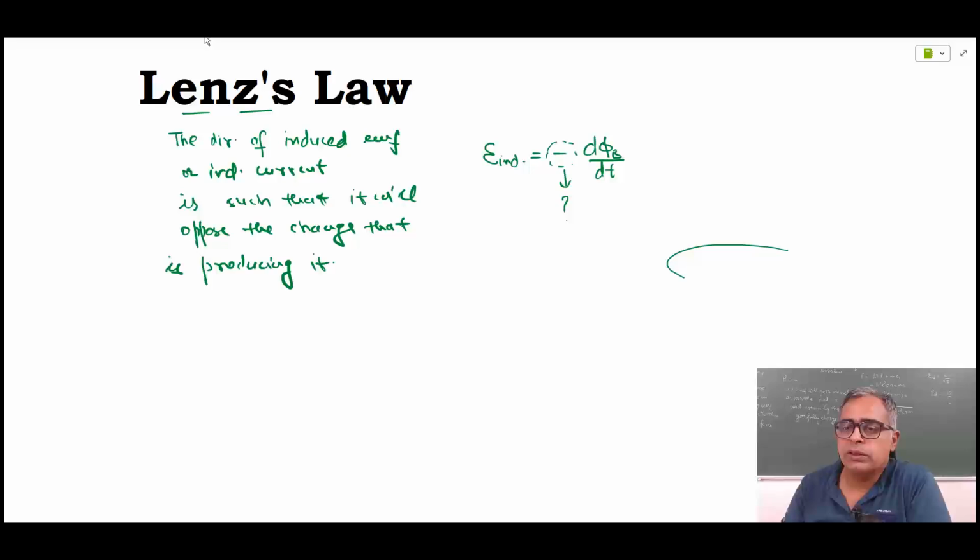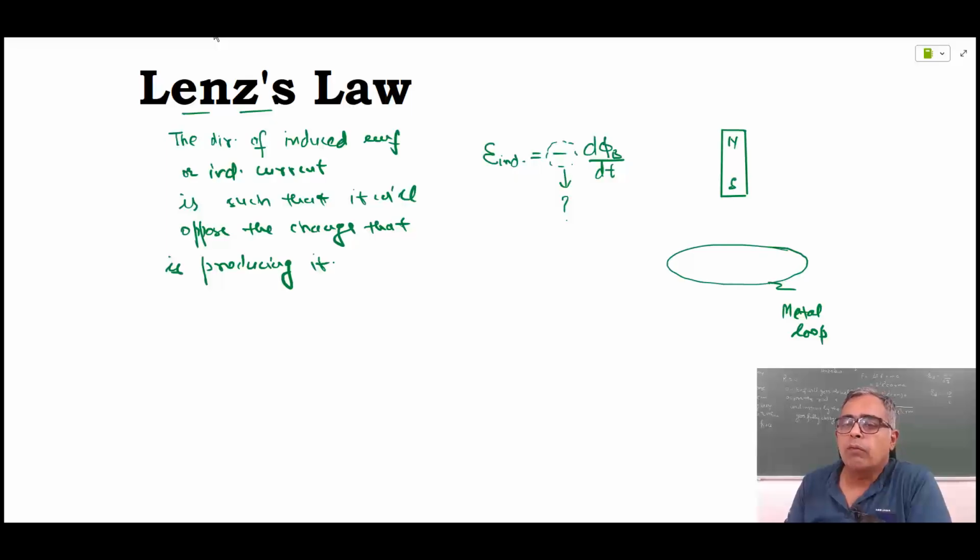Now suppose this is a coil, a metal loop. Now suppose we have a bar magnet, with a north pole and a south pole.